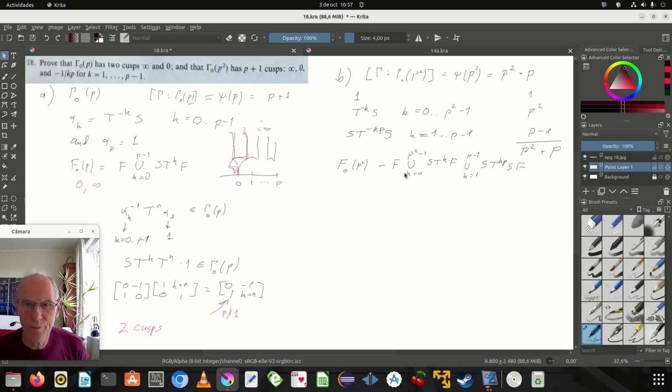These only have the cusp at naught. We need to find the cusps of these, and that must be done explicitly.